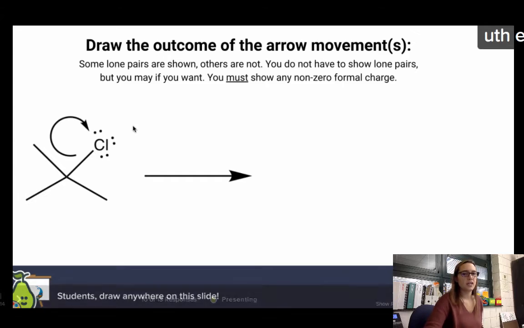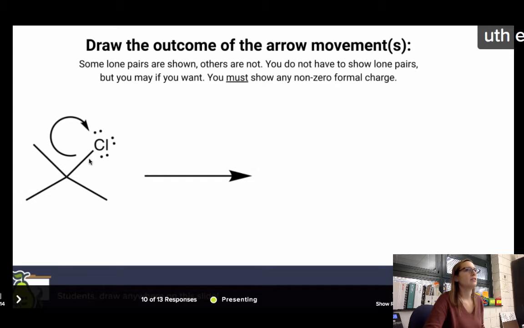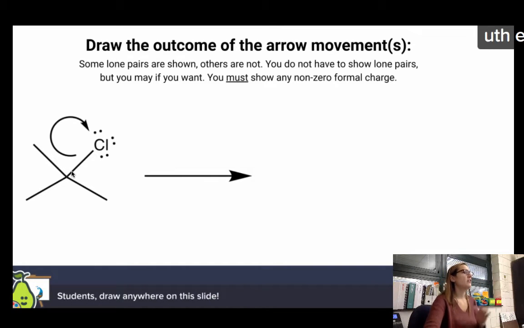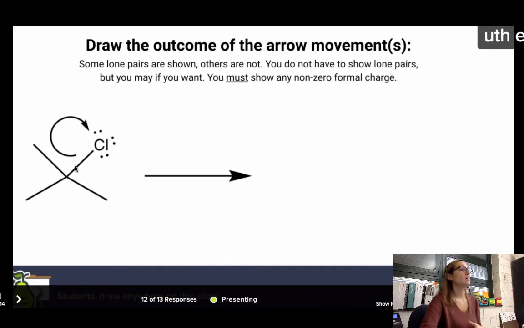So essentially you're saying, okay, if the electrons in this bond are moving to chlorine, this bond will no longer exist. I don't want to say you're getting rid of electrons because that's not what you're doing, but this bond will no longer exist because these electrons have moved to a lone pair.